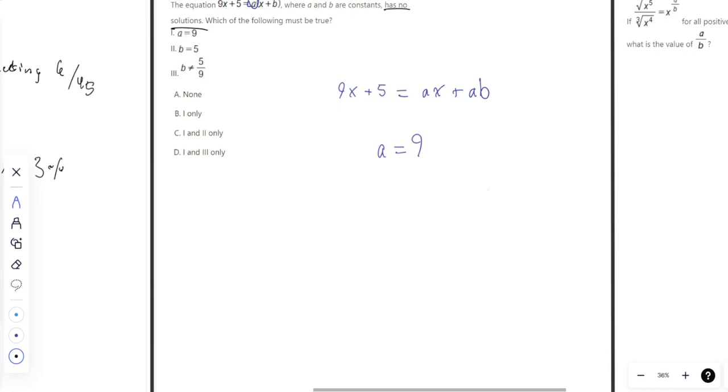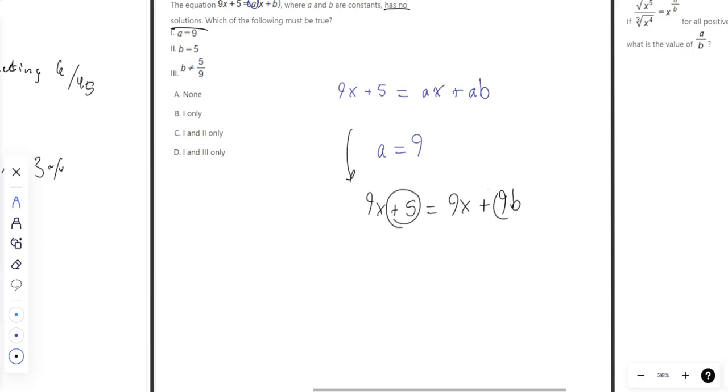So if there's no solutions, we have the same slope, but we have different y-intercepts. So let me just rewrite this equation real quick. 9x plus 5 is equal to 9x plus 9b.